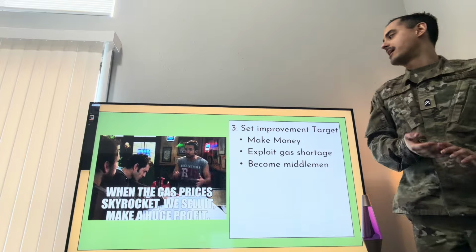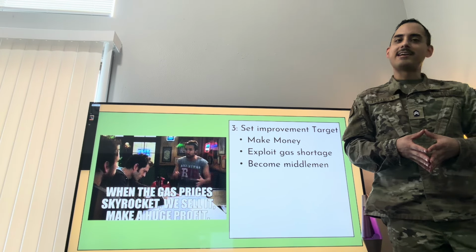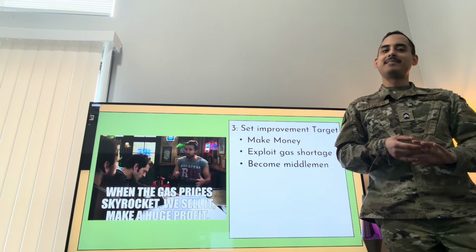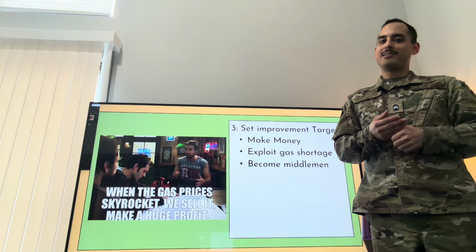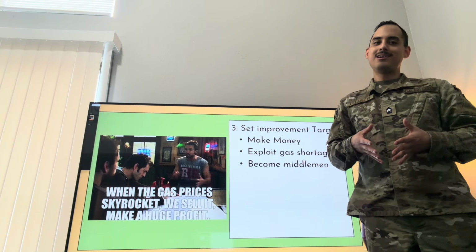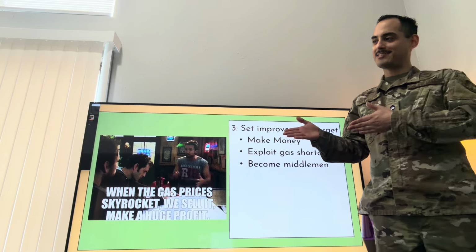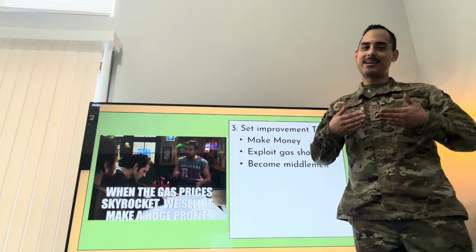So, for step 3 of the problem-solving process, setting improvement targets. At this point, they set their improvement target as pretty simple. Their goal is they want to make money by exploiting the gas crisis and becoming the middleman rather than gas stations making all the money. They want to make all the money by selling gas to customers.